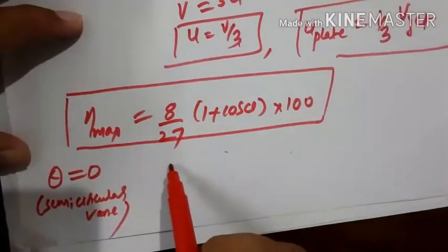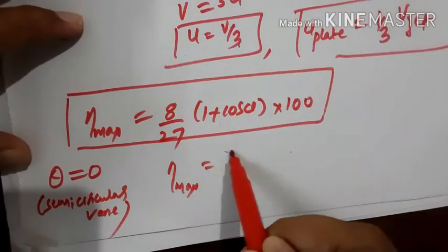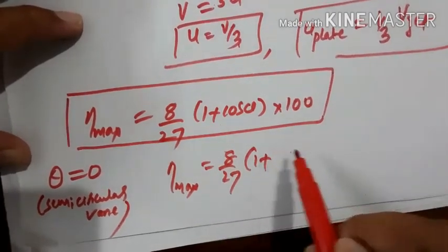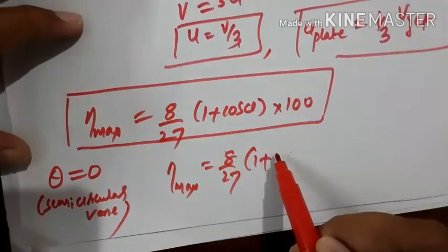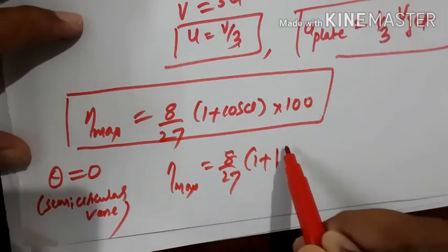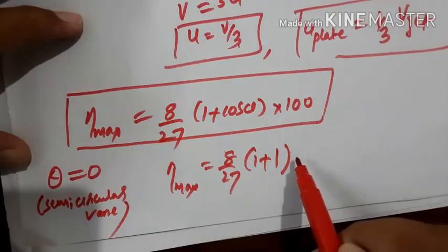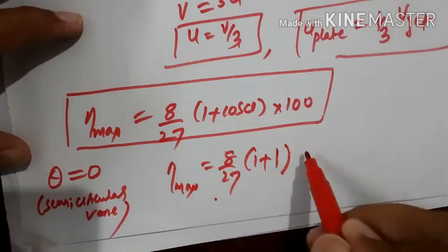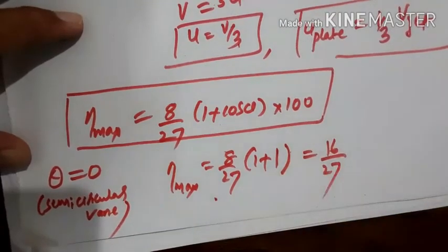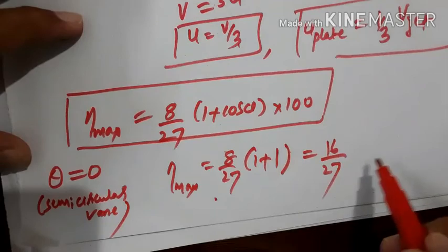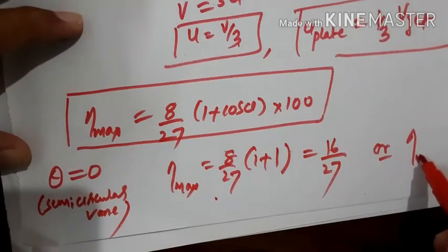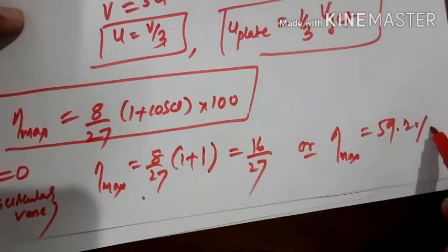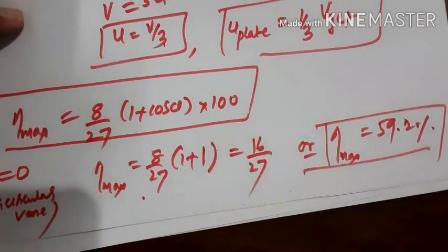When theta equal to 0, efficiency is 8 by 27, and 1 plus cos 0 is 1... then what you get here? 16 by 27. Or efficiency you will get 59.2%. This is for a single vane.